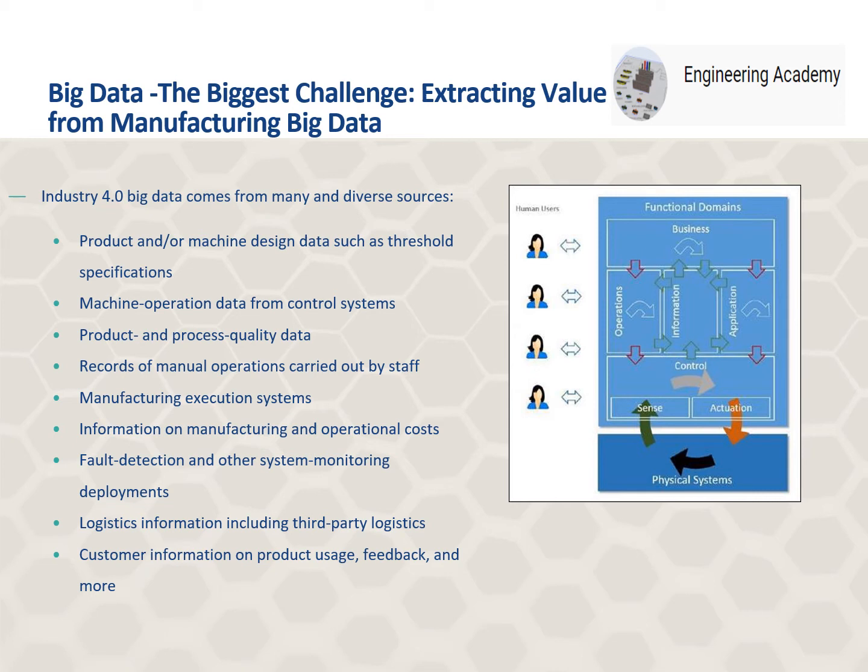Product and machine design data, such as threshold specifications, machine operation data from control systems, product and process quality data, records of manual operations carried out by staff, manufacturing execution systems, information on manufacturing and operation costs, and fault detection. This is great for fault detection, but also helps us collect data where we can predict faults and generate preventative maintenance before it becomes a problem.